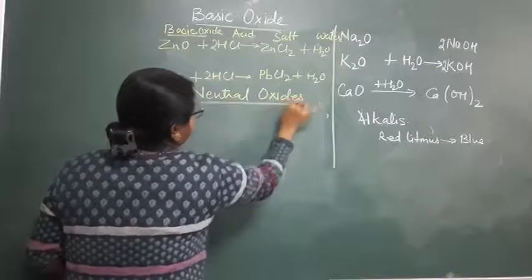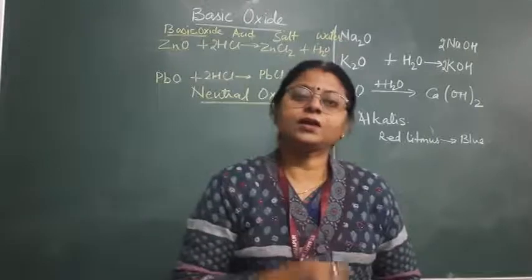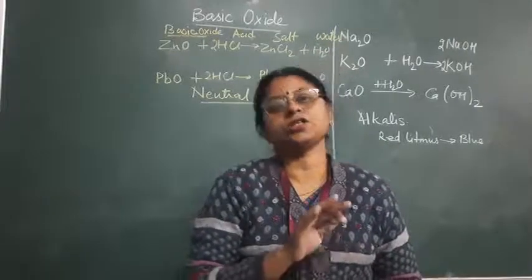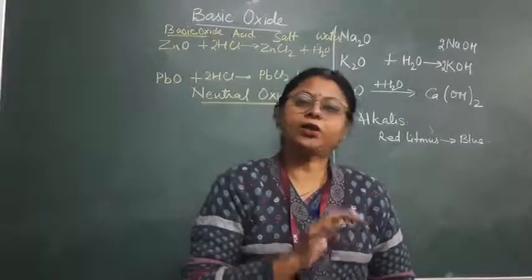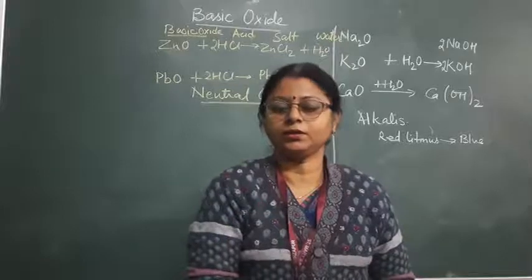The next type of oxides are neutral oxides. Neutral oxides are neutral towards the indicator. Means they will not change the color of red or blue litmus into another color.